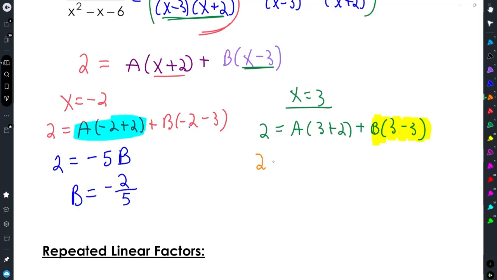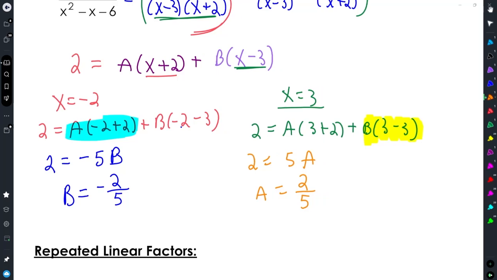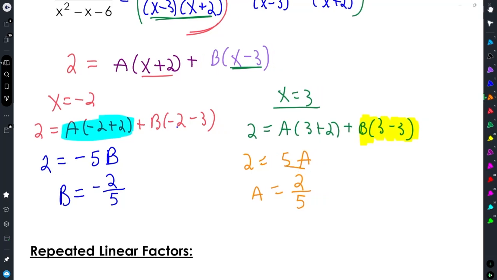So now we have 2 equals, 3 plus 2 is 5, so 5A. A is going to be 2 over 5. And that's because we divide both sides by 5, and the 5's cancel, we get 2 fifths.